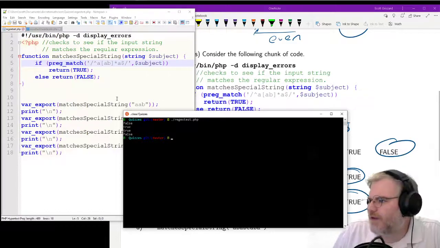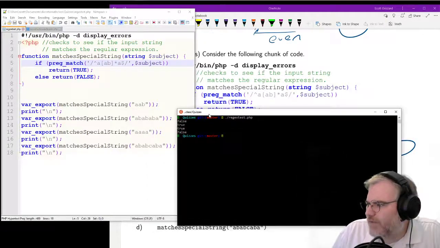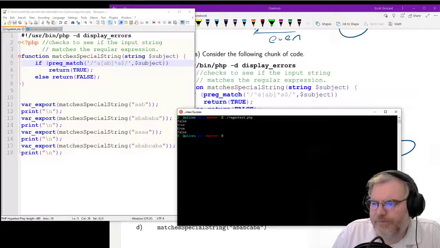So this one evaluates false because I didn't end in A. This one here validates as true. This one validates as true, and this one validates as false because I've got a C in there. So how do we feel about that one, 1 to 5?